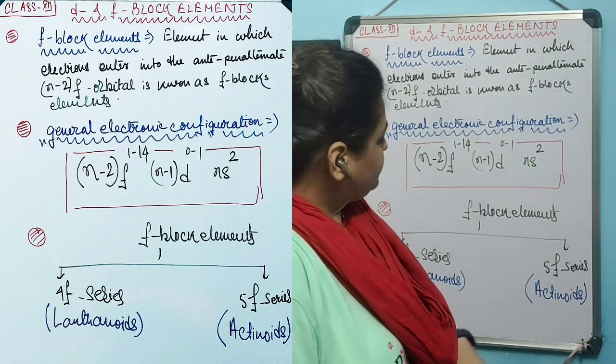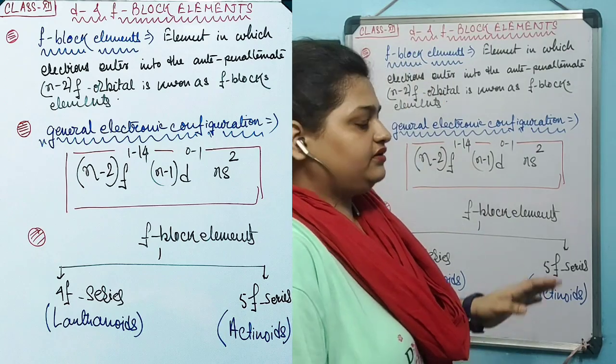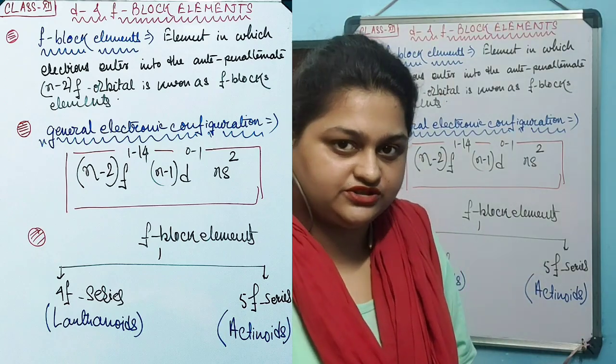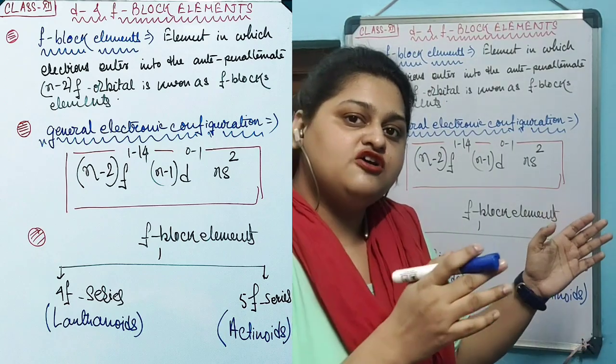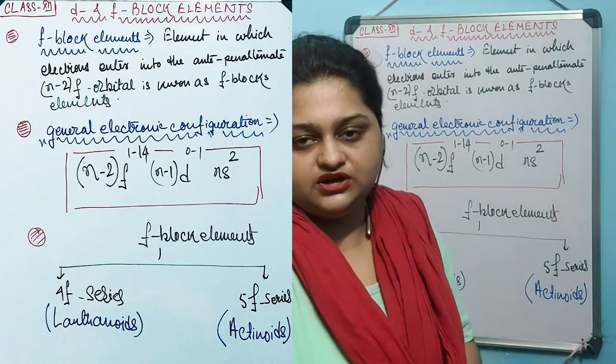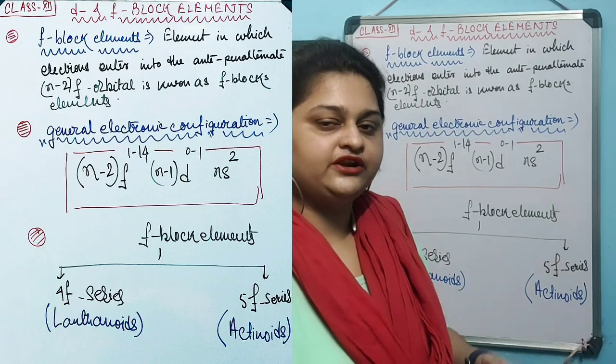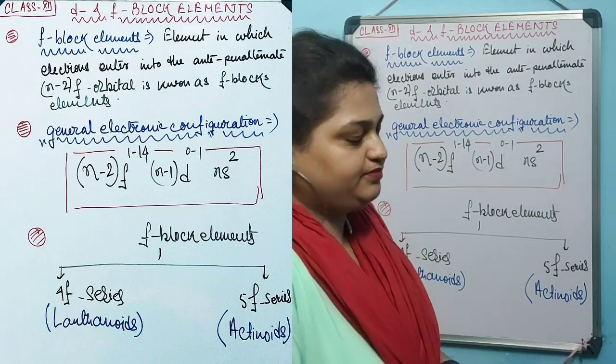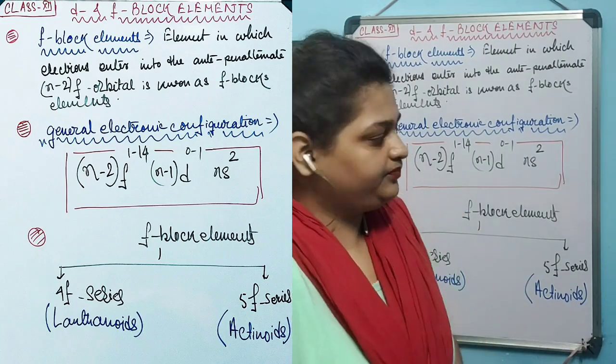Therefore, in a nutshell, F-block elements are those elements in which the anti-penultimate shell, that is the second inner orbital, is filled up by electrons, and that orbital is an f orbital type, n-2 f type.